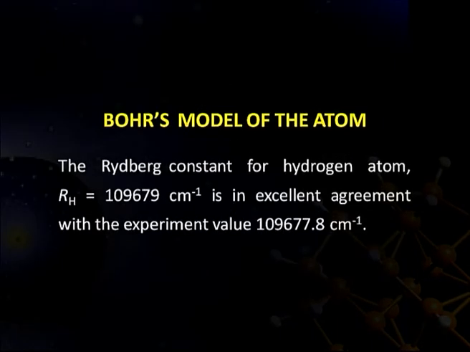The Rydberg constant for hydrogen atom, RH, is equal to 109,679 centimeter inverse, which is in excellent agreement with the experimental value of 109,677.8 centimeter inverse. Velocity of electron in various orbits of hydrogen atom may be calculated likewise.